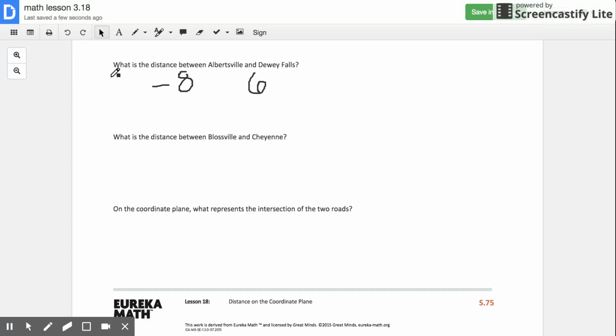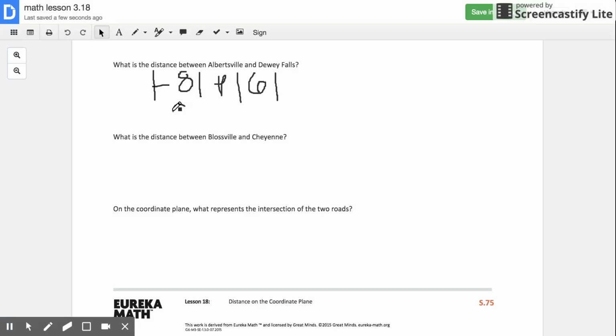So we need to know how far it is from the -8 to 0, so we need the absolute value of the -8. And we need to know the distance from 0 to the 6, so we need the absolute value of the 6. Then for this one, we would combine those units.